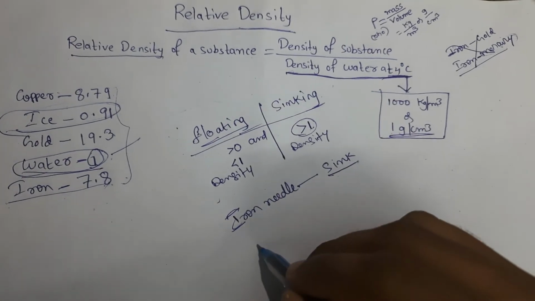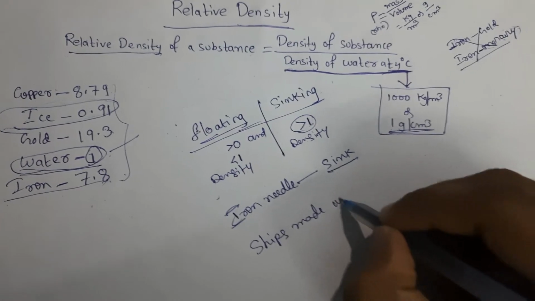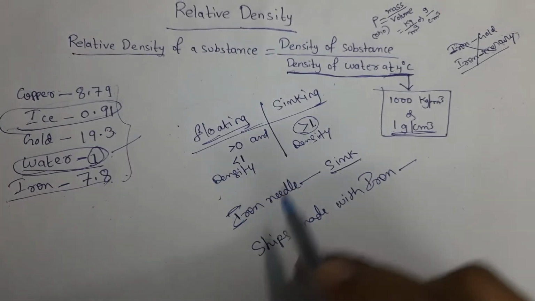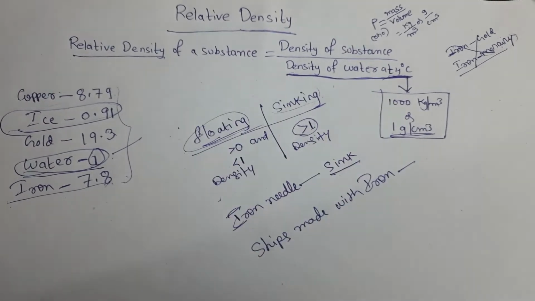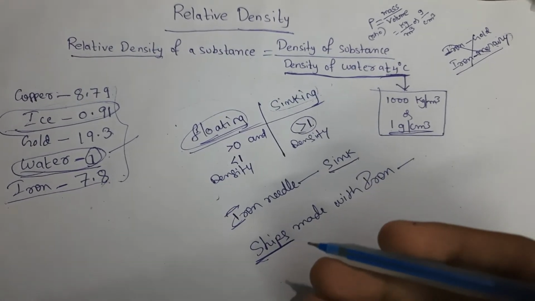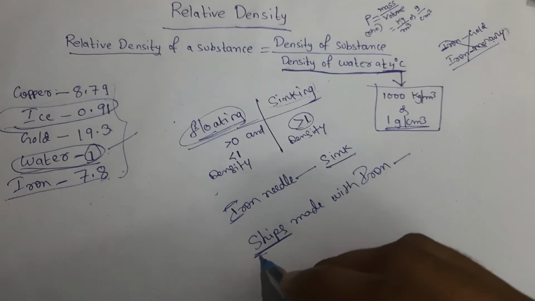What about ships made with iron? Will they sink or will they float? Obviously, we know ships will float on water. That's how we transport anything on water. But how is it possible?